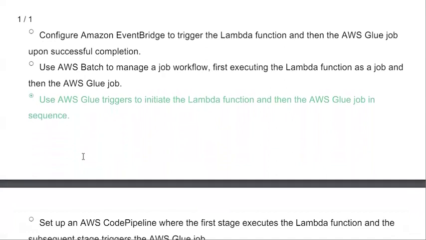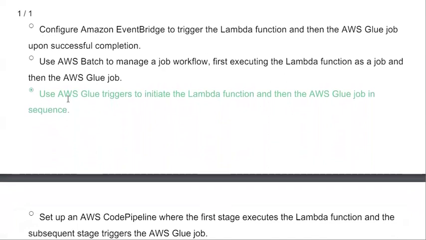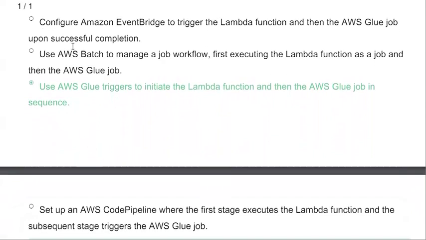We have these four options. You can see the first option is to configure AWS EventBridge to trigger the Lambda function and then the AWS Glue job upon successful completion. So it's not the correct one. You can see the third option is the correct one.